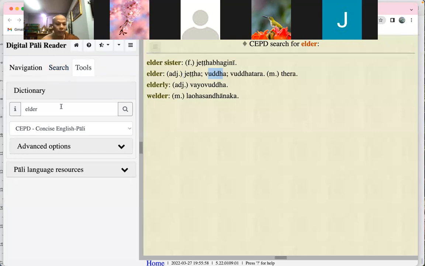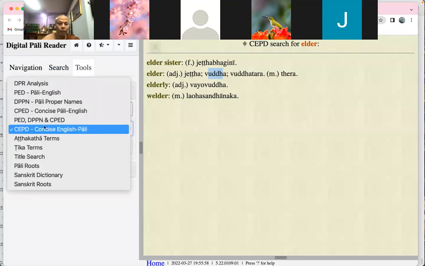So even though commonly -tara is used for the comparative and -tama for the superlative, the same way -iya, -ittha also. Some superlative adjectives can also be used in a comparative sense. Other than that, based on the construction, the meaning can be understood. Oh, I see. Thank you, Bante. Thank you.